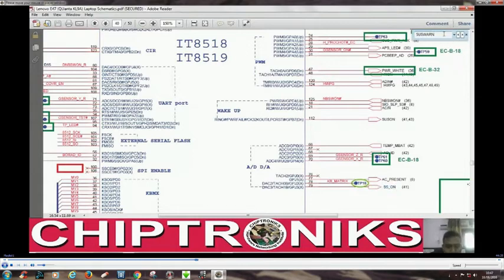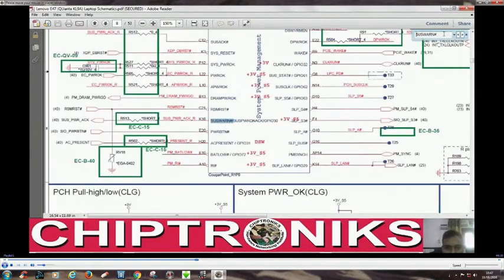You can see this is PCH, and the SUS1 signal is SUS_PWR_ACK. So this is going to page number 40, that is, it is going to the IO controller.